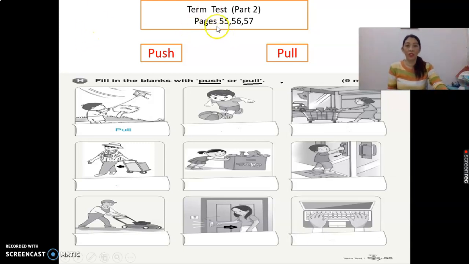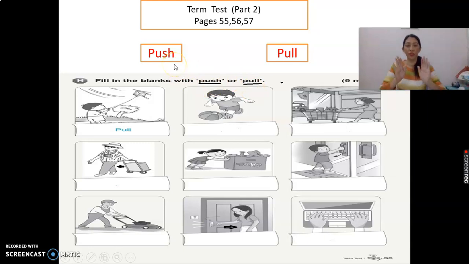Please open your book to pages 55, 56, and 57. Page 55, letter H: please fill in the blanks with push and pull.